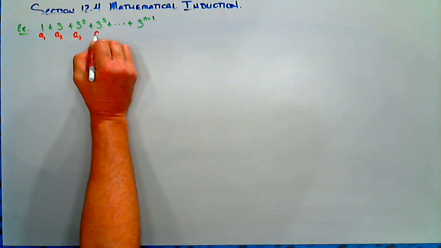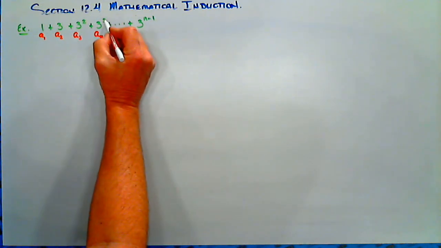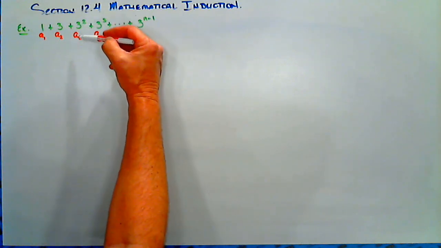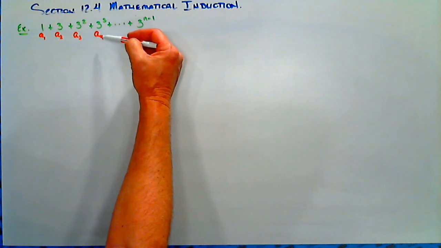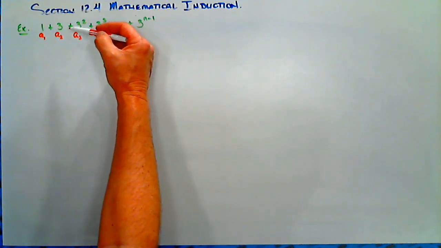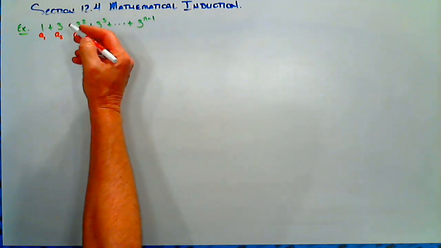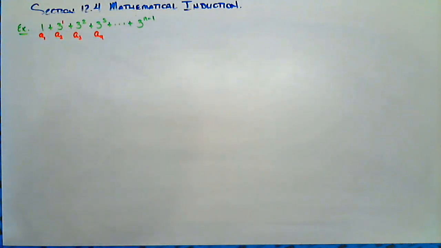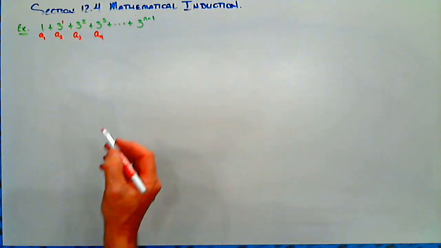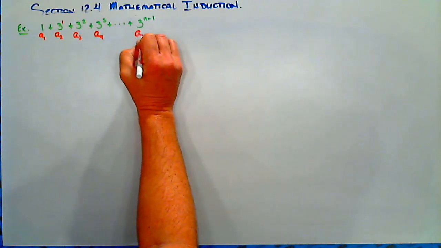Our fourth term is 3 to the third. See how the power is 1 less than the term we're talking about? Fourth term, 3. Third term, 2. Second term, 1. And this, of course, is 3 to the 0. 1 less than 1 is 0. So this is a sub n out there.